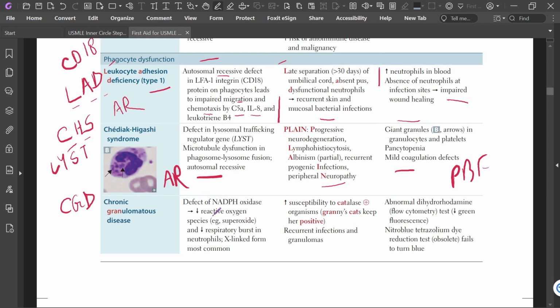So there is decreased reactive oxygen species, decreased superoxide, decreased respiratory burst in neutrophils. It is X-linked. The first two in phagocyte dysfunction, leukocyte adhesion deficiency and Chediak-Higashi syndrome, are both autosomal recessive, but CGD is X-linked.